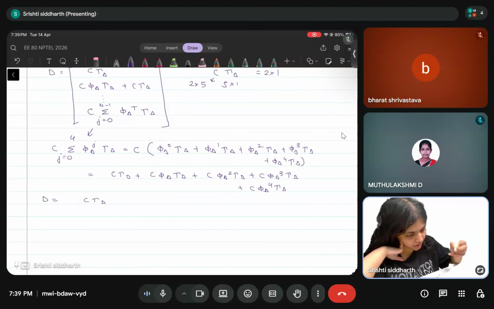Simply C gamma delta. Then it's C phi delta gamma delta plus C gamma delta.